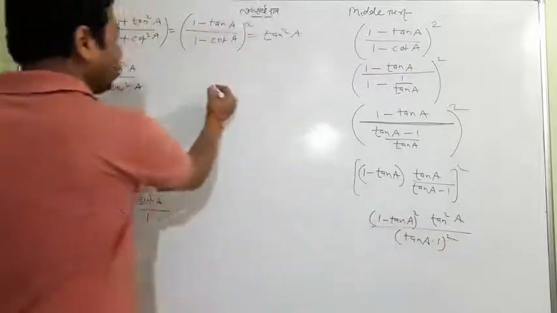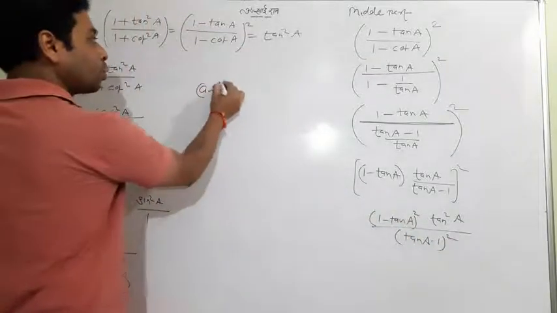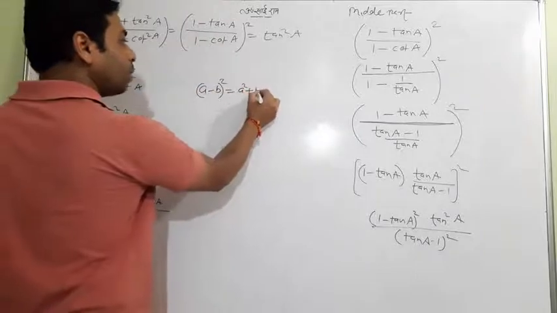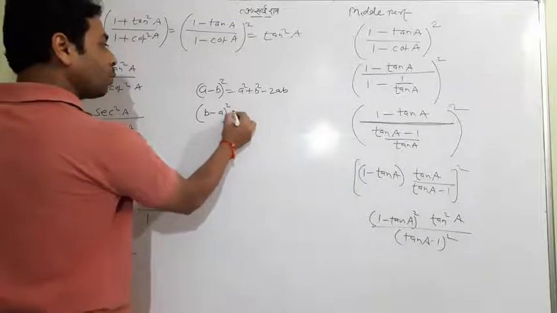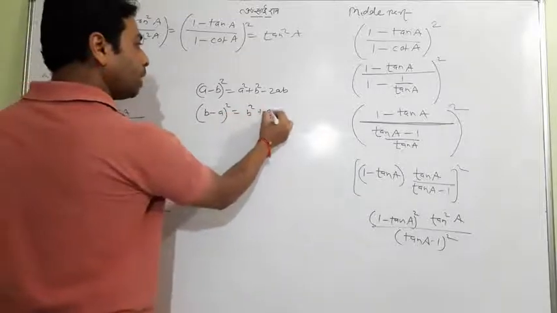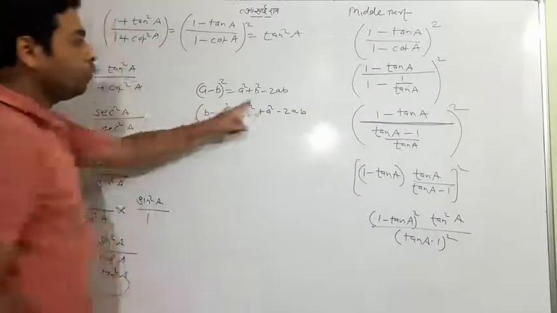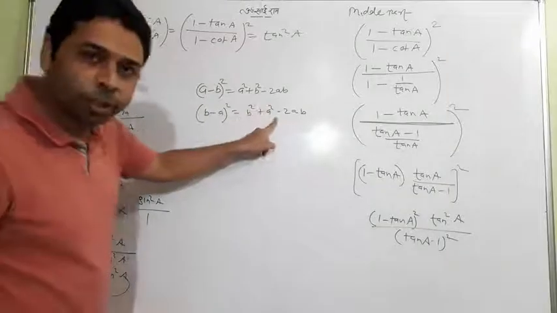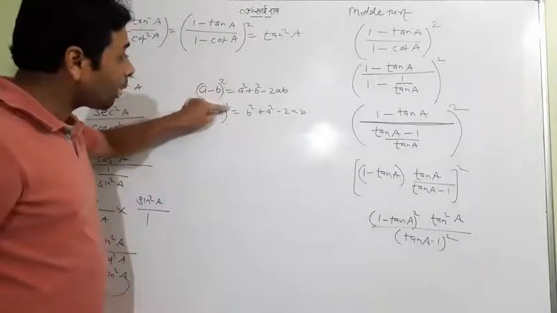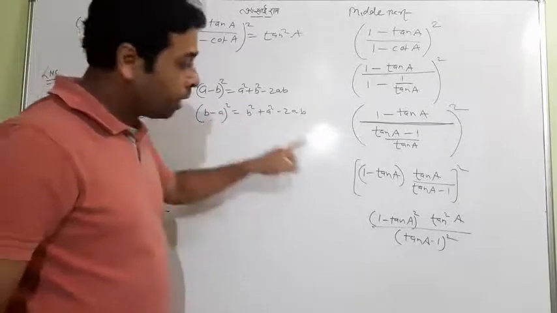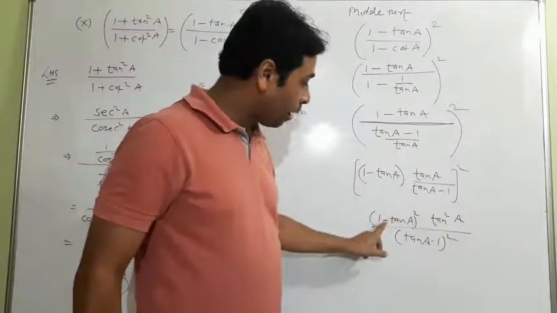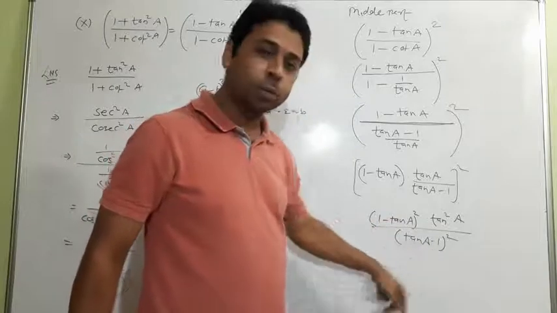I'll tell you, look at a minus b square equals a square plus b square minus 2ab, and b minus a square equals b square plus a square minus 2ab. You will see both are the same. In case of square, a minus b whole square and b minus a whole square are the same. In case of square, 1 minus tan a and tan a minus 1 are the same.